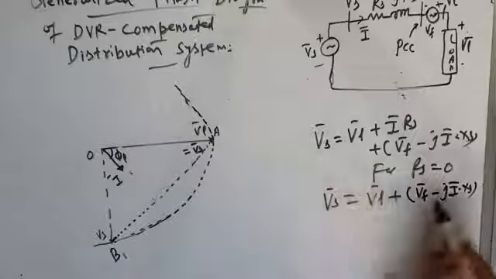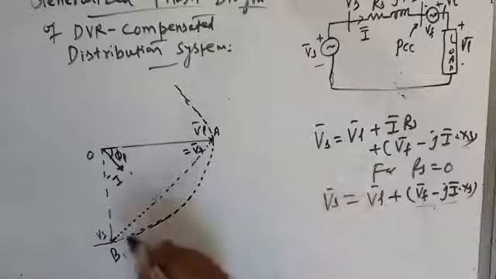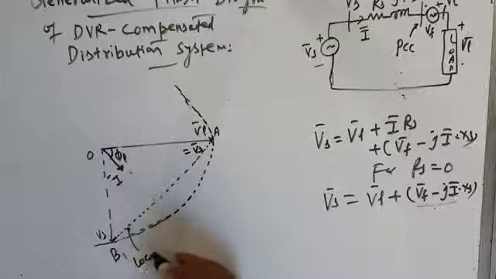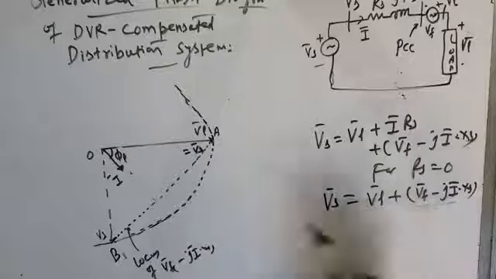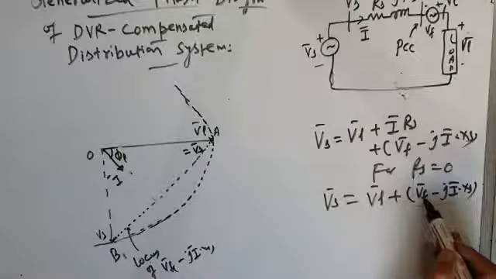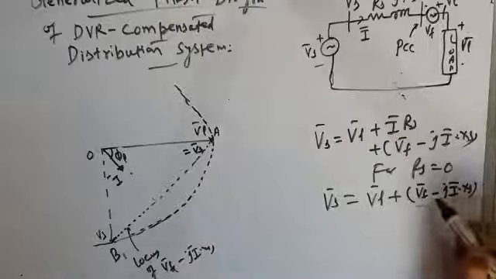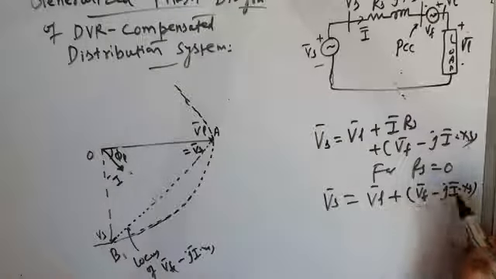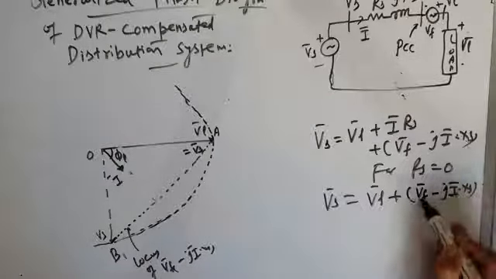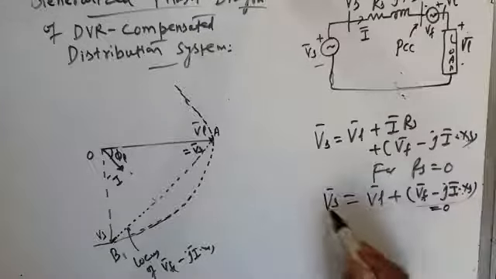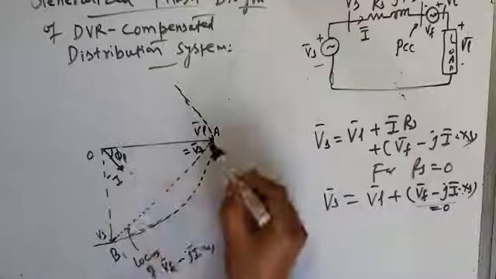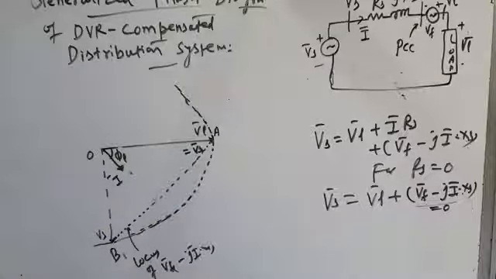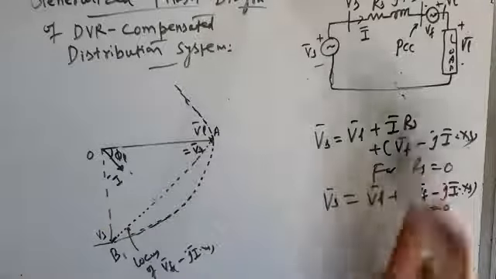This is the locus of Vf minus J I into Xs. And you can see the DVR is injecting the voltage Vf, which nullifies this voltage drop. So this injected voltage is equal and opposite to this voltage, so that this minus this becomes equal to 0, and your source voltage becomes exactly equal to load voltage. This is in the absence of feeder resistance.